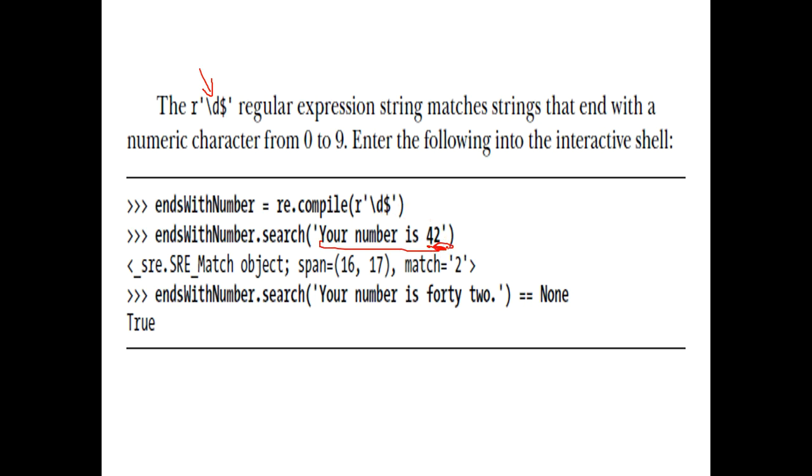Yes, the end contains digits. In that case search is going to return a match, and it is matching the last digit, which is 2. But in the next case what we have passed here, it is not ending with a digit. Because of that reason it is going to return one value, that value is None.